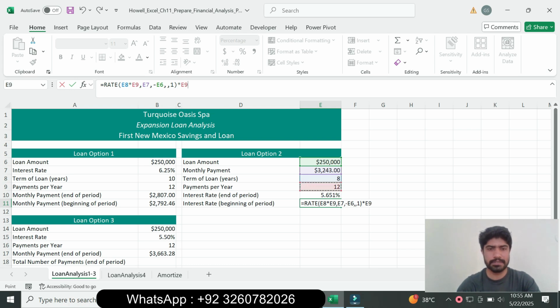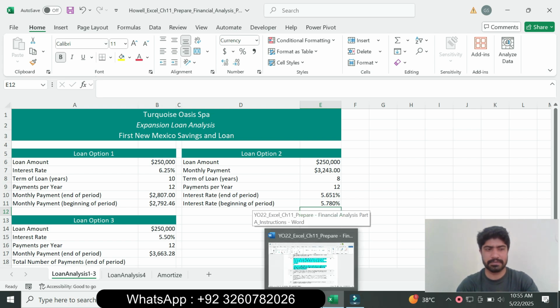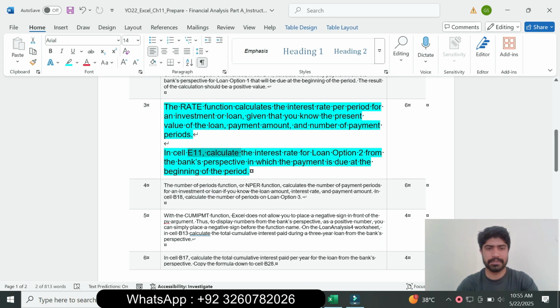E9 is payments per year. Press enter. So the result is 5.718%. So question number 3 is complete.